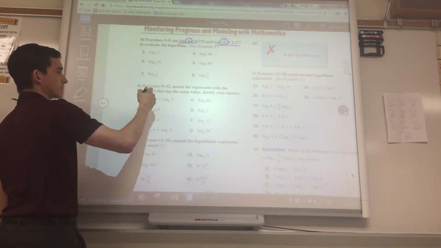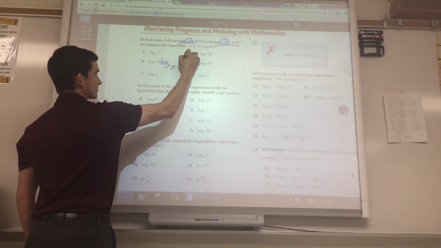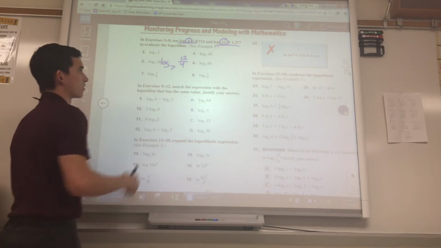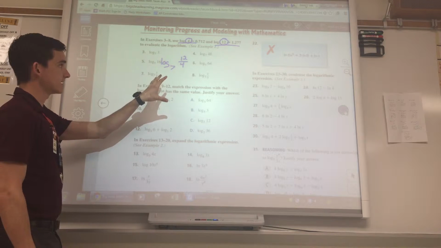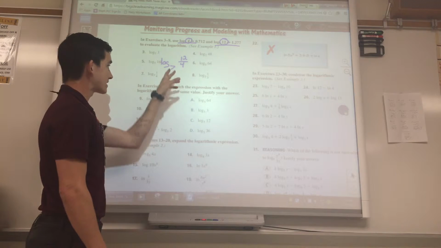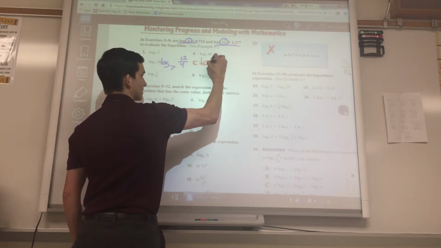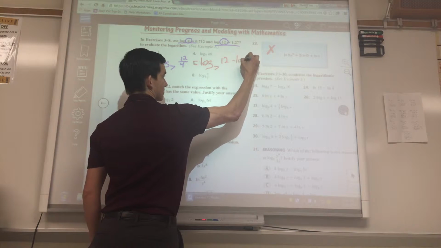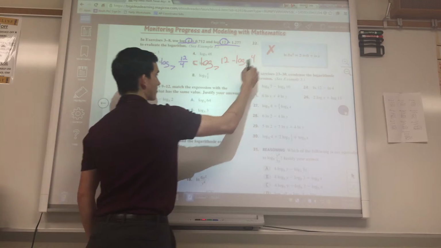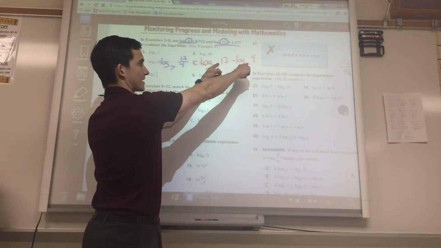So log base 7 of 3 is log base 7 of 12 divided by 4. That's the first thing they want you to recognize. And log base 7 of 12 divided by 4 is the same thing as log base 7 of 12 minus log base 7 of 4. Remember, I'm dividing two exponents, so I can subtract them from each other.